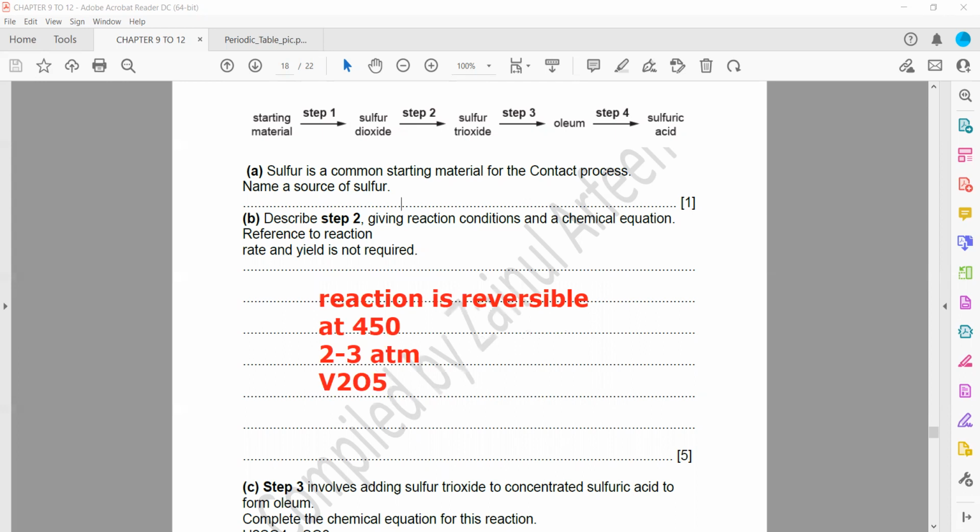Then 2 to 3 atmospheres, vanadium pentoxide catalyst, and the final marks for writing that equation. So these are the reaction conditions.